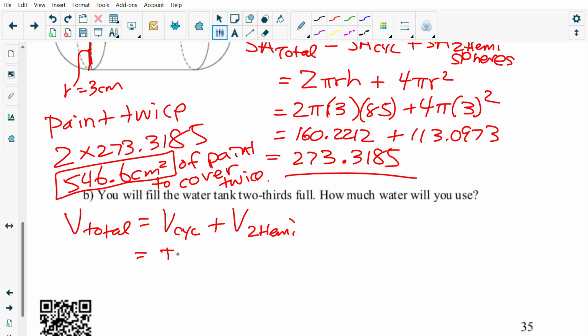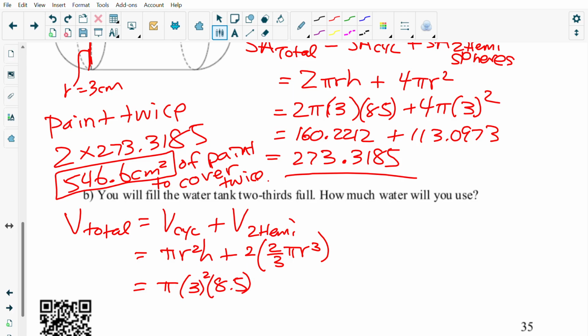The volume of the cylinder is pi r squared h. So straightforward, just calculate the volumes. Volume of the two hemispheres is 2 times 2/3 pi r cubed. So pi times 3 squared times 8.5, plus 2 times 2/3 pi times the radius of the hemisphere, 3 cubed.